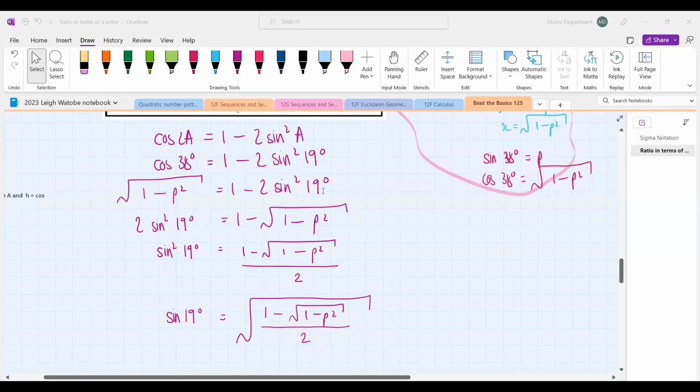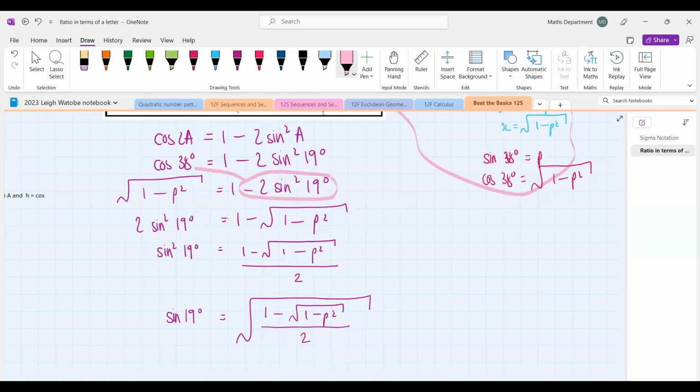That's fine. Okay, so Olorato, what I did here is some transposing. I took this minus 2 sine squared 19 and I took it over to the other side. And that's why it's now positive 2 sine squared 19 on the left. Then I did the same thing. I took this root 1 minus p squared and I took that over to the left-hand side. And that's why it's now minus. Okay. Then I divided by 2.